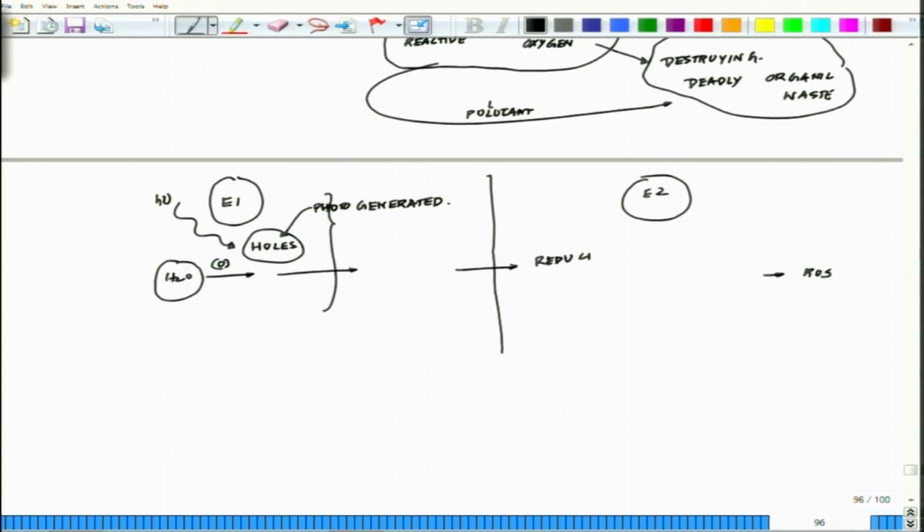Reduction of an electron acceptor, which in this case is dissolved oxygen, by photoexcited electrons.